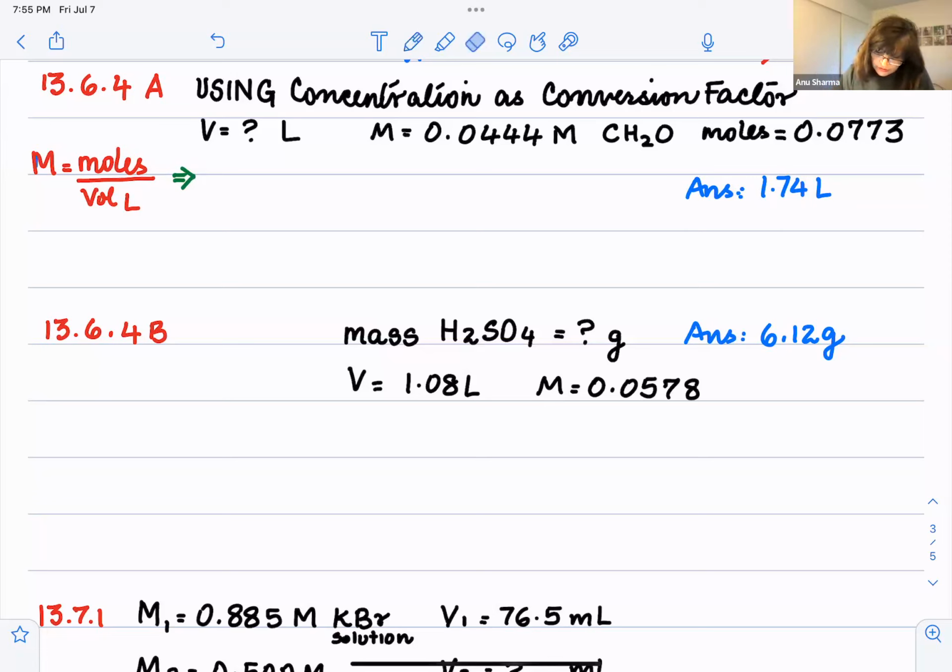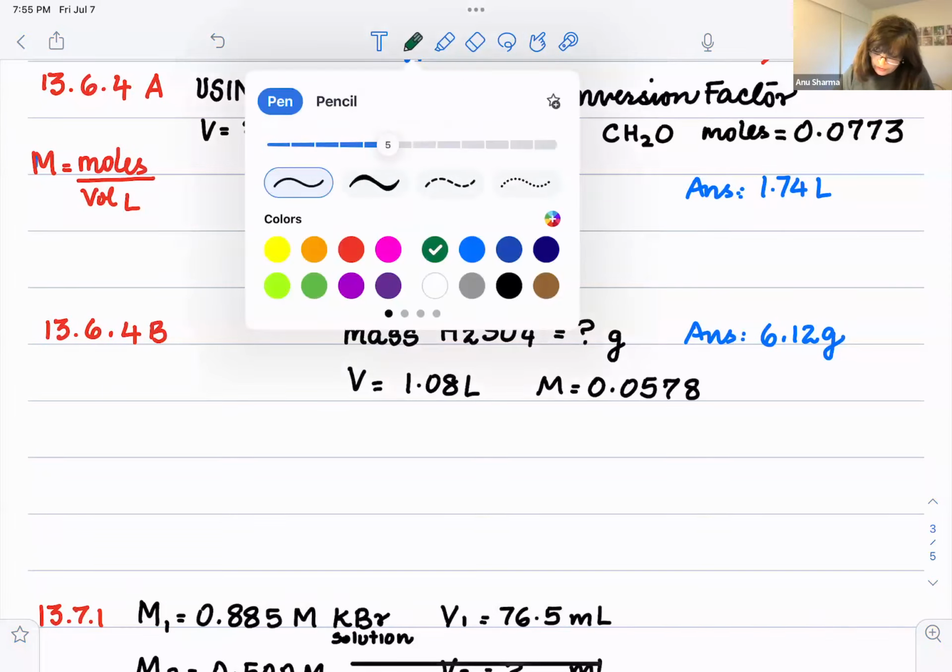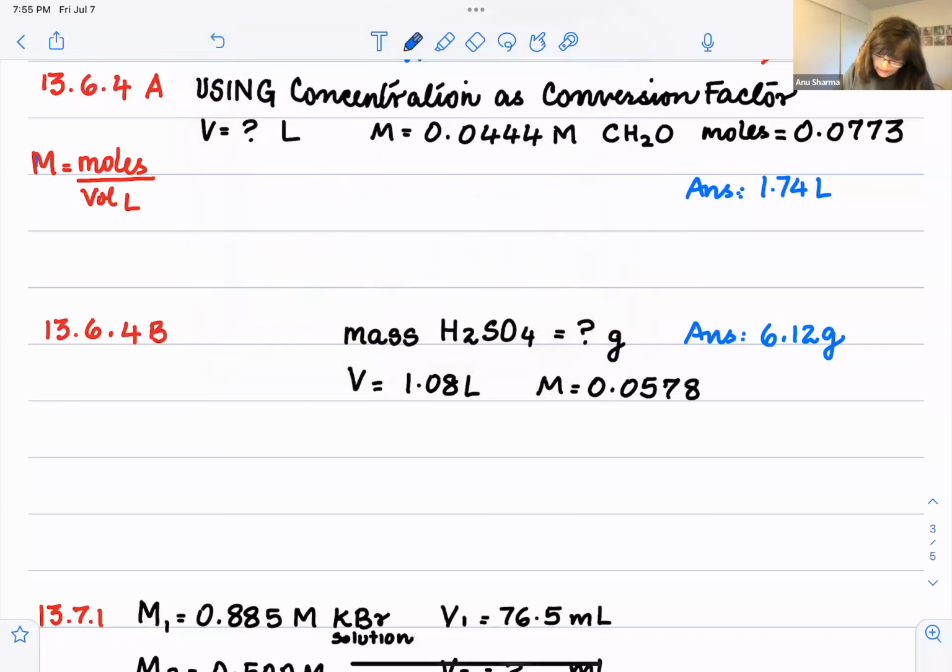What they mean is using a conversion factor. We need to find the volume. So volume in liters is equal to moles over molarity.